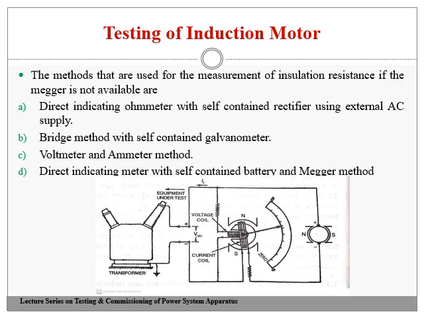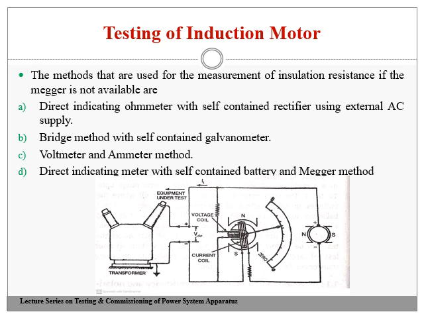That may be sufficient, with a self-contained rectifier using the external AC supply. If such an ohm meter, capable of measuring resistance in terms of mega ohms, is available, it may be used as the device for measuring insulation resistance. Any bridge method capable of measuring resistance in terms of mega ohms may be used.